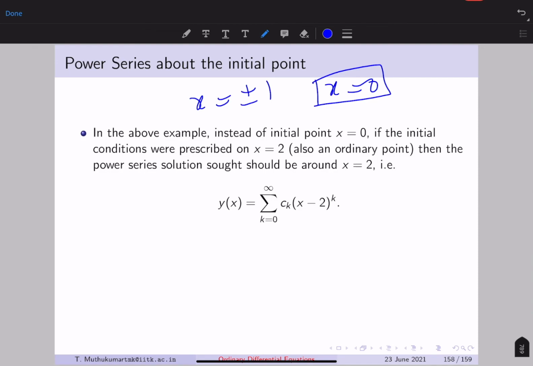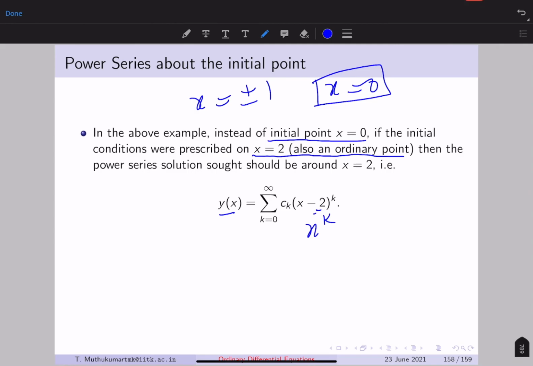So in the above example, instead of the initial point x equal to 0, suppose some other ordinary point, let's say x equal to 2, was given. This is true for any problem, because so far I have only been explaining when you write y expanded for x not equal to 0.